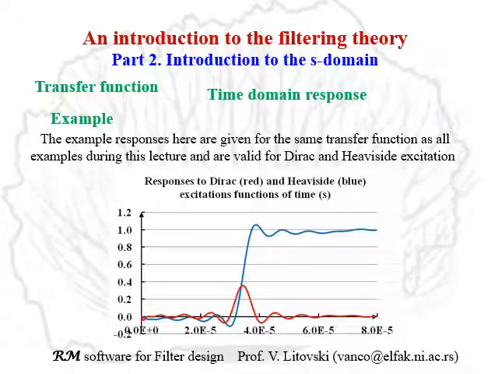Here is an example of Dirac and Heaviside responses to Dirac and Heaviside excitations of the filter we were discussing earlier, not of the example. We will come back to the example during the exam.